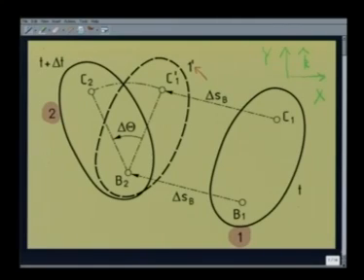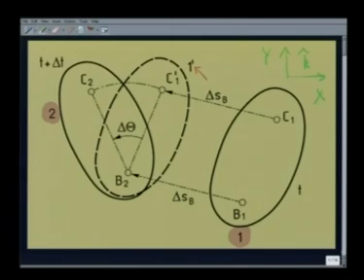That means B1 goes to B2, C1 goes to C1 prime by the same amount. All points of the rigid body move identically and the rigid body goes from 1 to 1 prime. That is what we call translation. Then from 1 prime to 2, the point B2 does not move, it undergoes rotation by an amount delta theta.